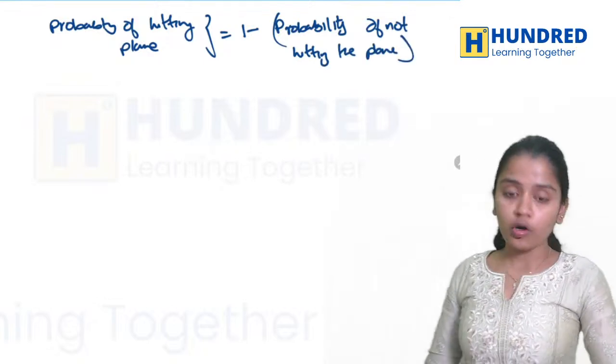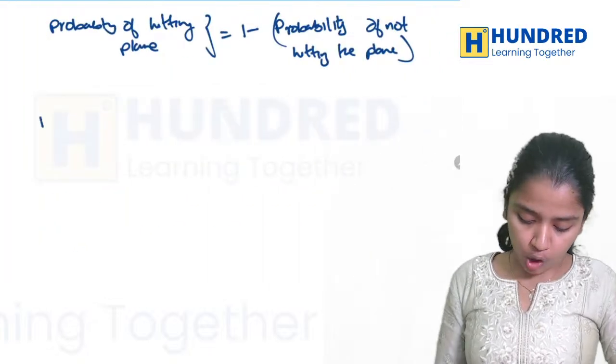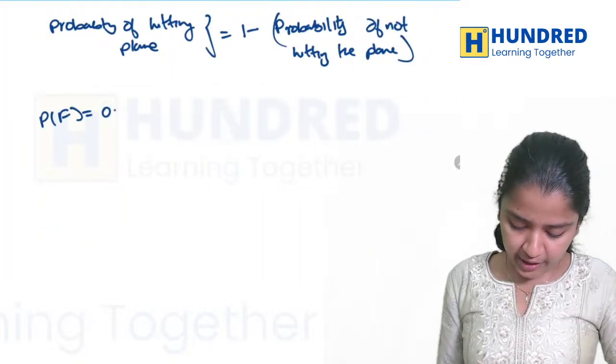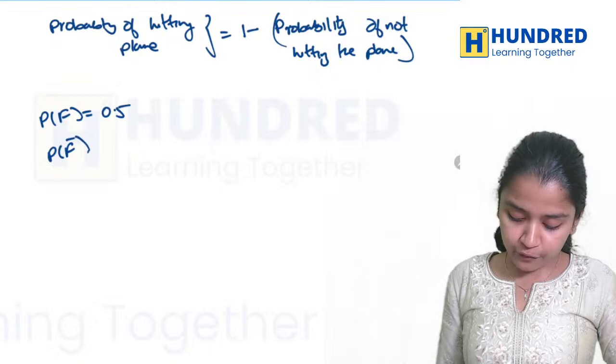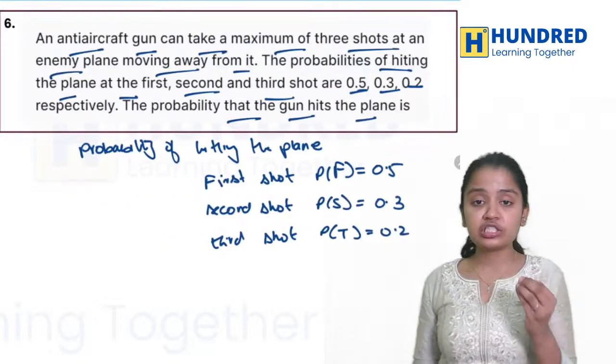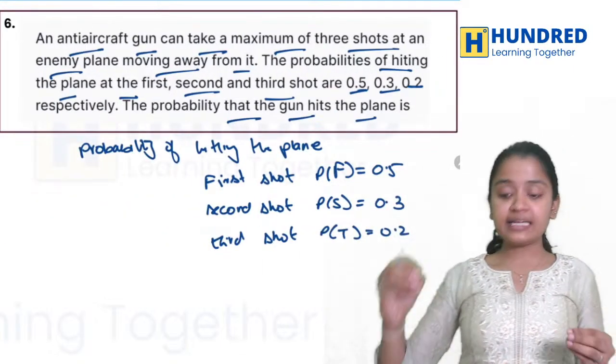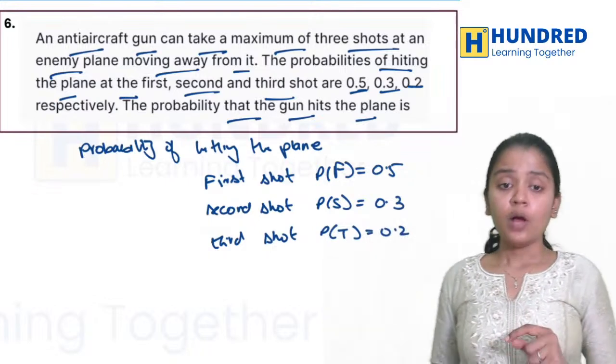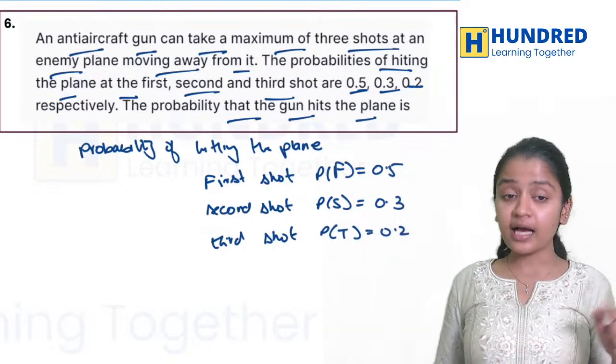Okay. So basically P of F I know it is 0.5. P of F complement na enna? Unga first shotல plane hit ஆகாத probability 0.5. F complement na hit ஆகாது.